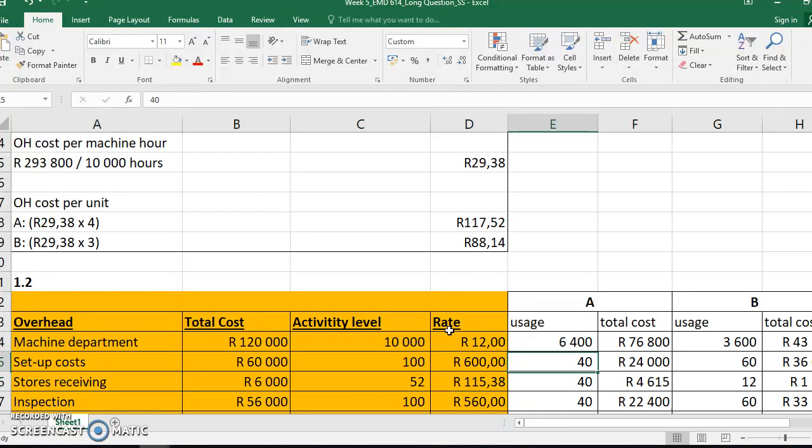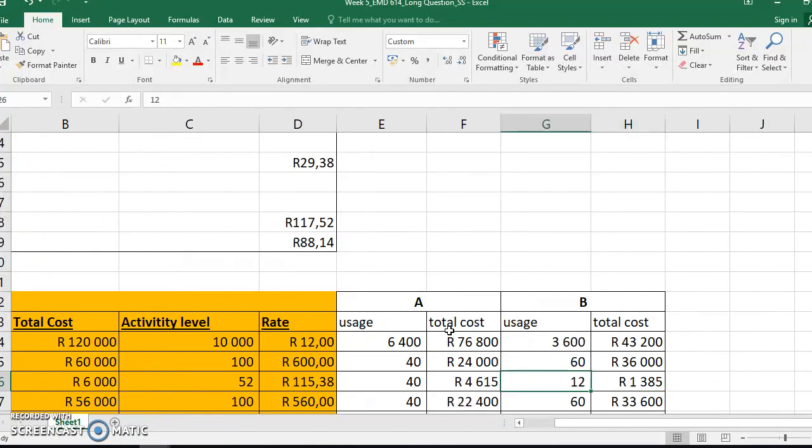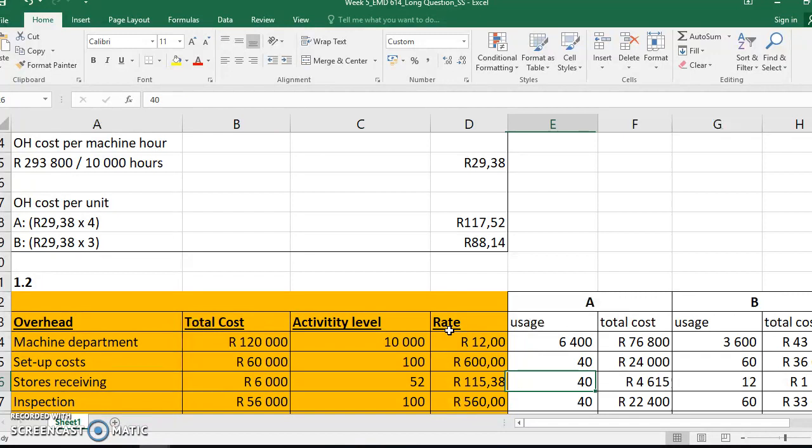The setup costs: it's 40 setups for A times the 600, which gives you 24,000, and 60 setups or production runs for B. So 60 times the 600 is 36,000. Sorry, it's running out here. And then stores receiving, this was given to us, it's requisitions raised.